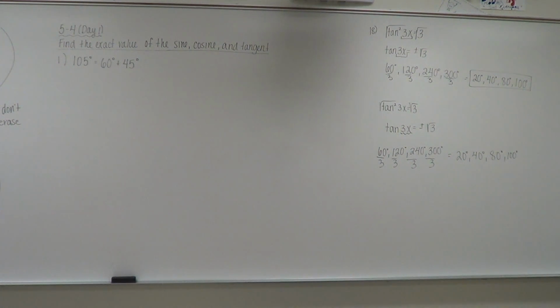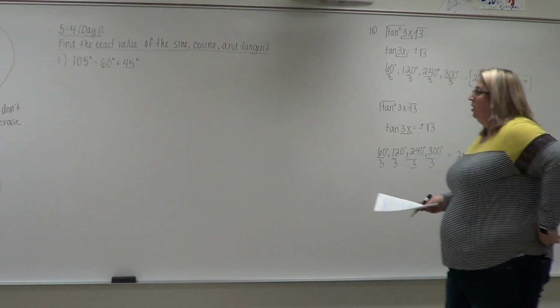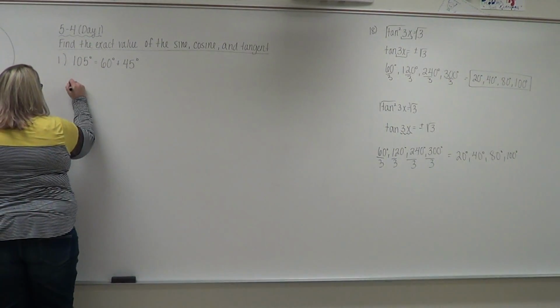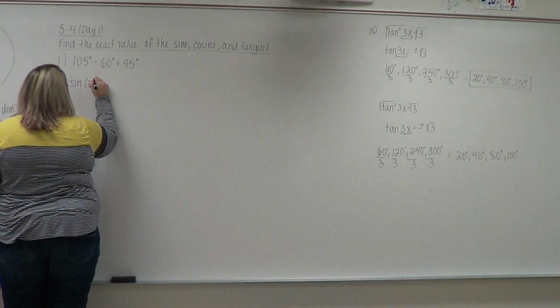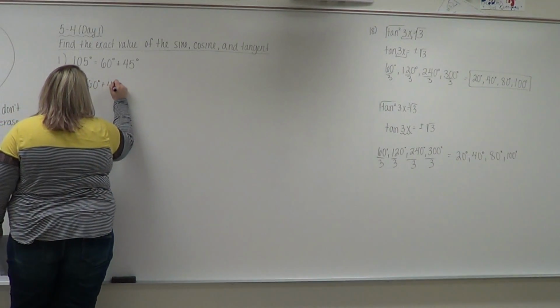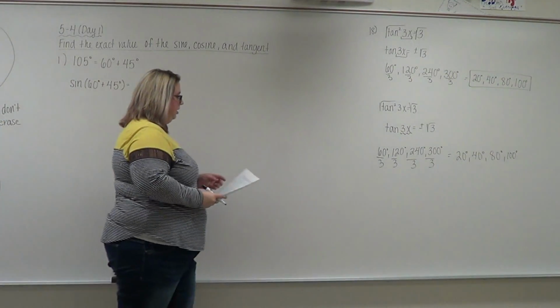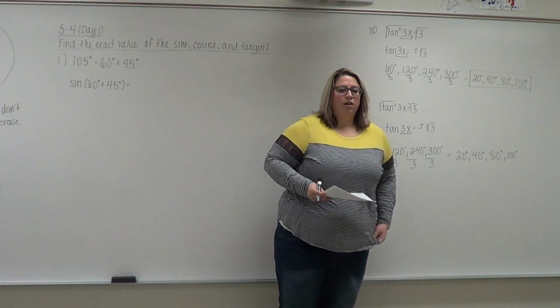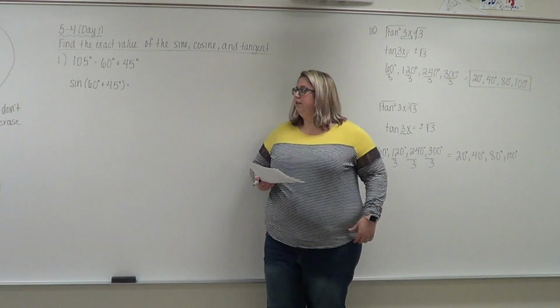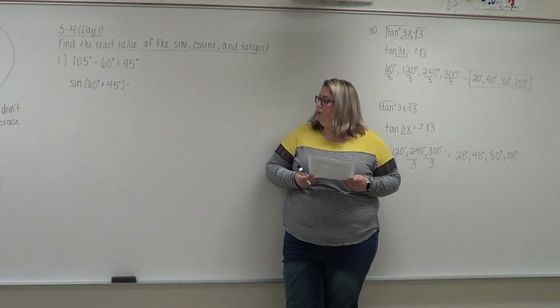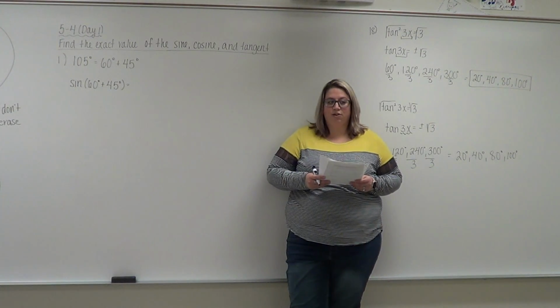Okay, so we're gonna find sine, cosine, and tangent. Do sine first. I know these are terrible and I'm sorry ahead of time. Like a lot of steps. If I go find sine, I'm adding, correct?